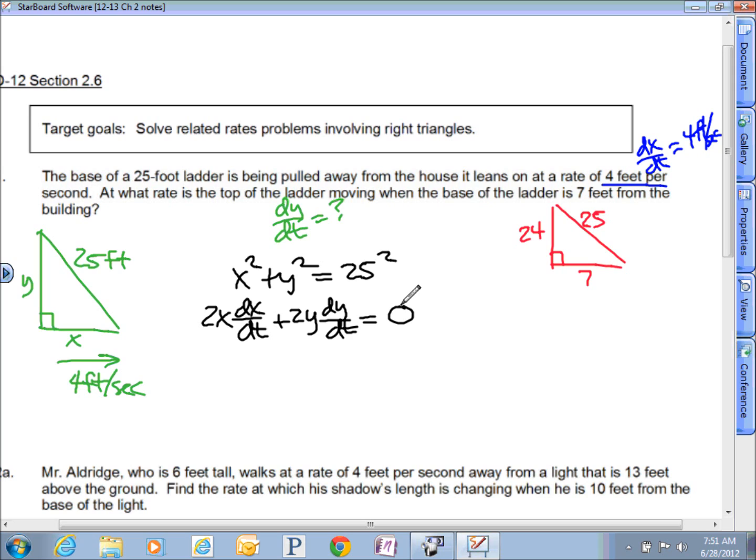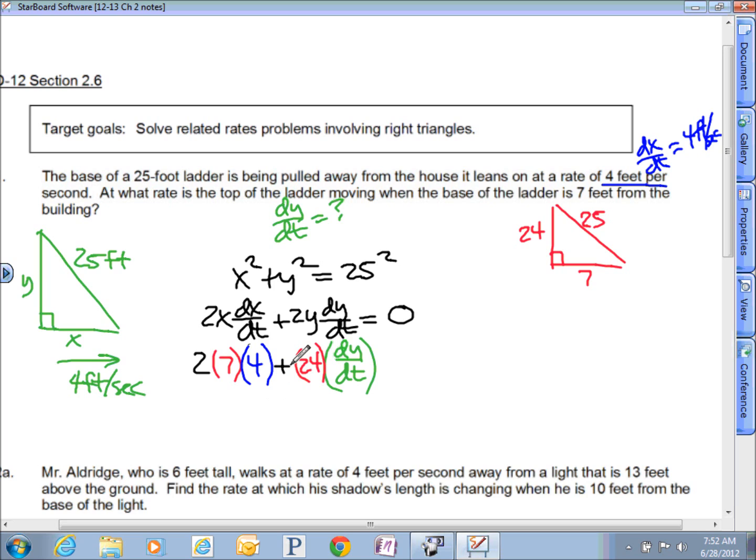So now start plugging stuff in. dy/dt is what we're supposed to find. Under these conditions, y is 24, x is 7, and we've got a 2 and a dx/dt. Wait, what's dx/dt? Sorry, I forgot to fill that in. dx/dt was given to be 4.